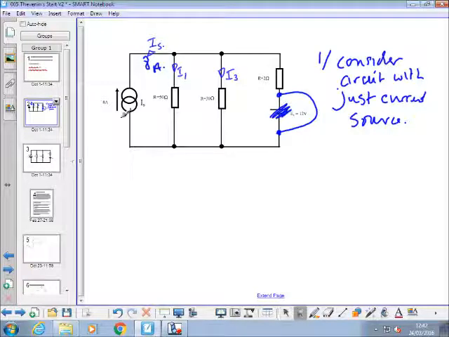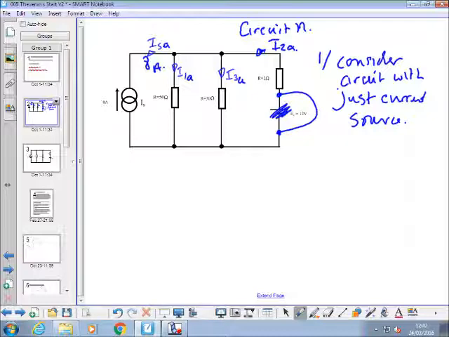Going down through that resistor. It would go that way. Using what we did last week, we'll call this circuit A, and so we've got ISA, I1A, I3A and I2A.